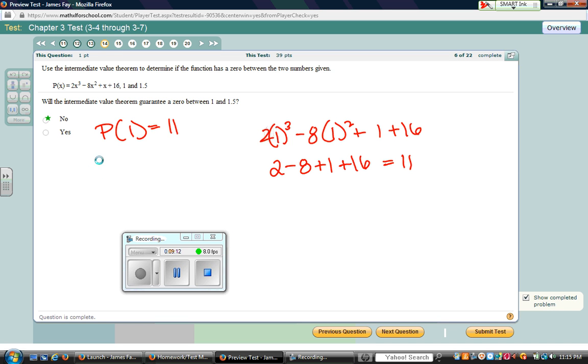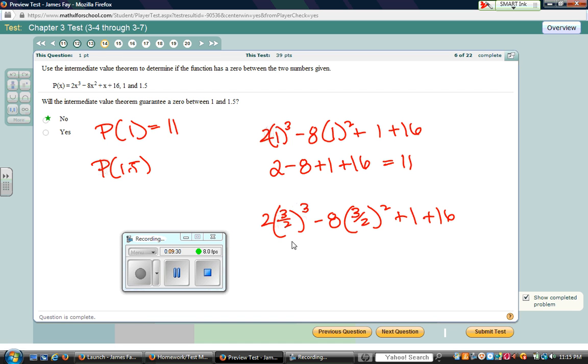Okay? Now P of 1.5, plugging in 1.5, and here I'm going to go 2 times 1.5, which is 3 halves, cubed, minus 8 times 3 halves squared plus 1 plus 16.